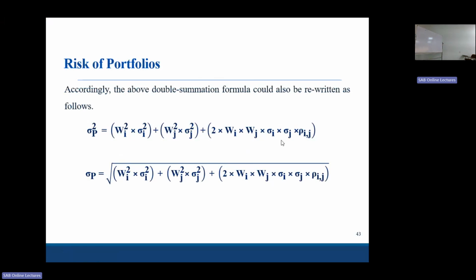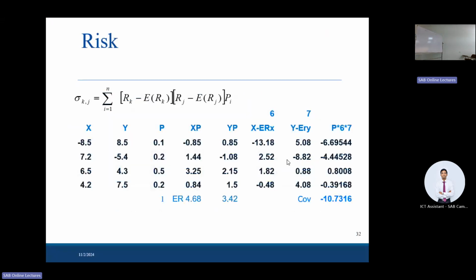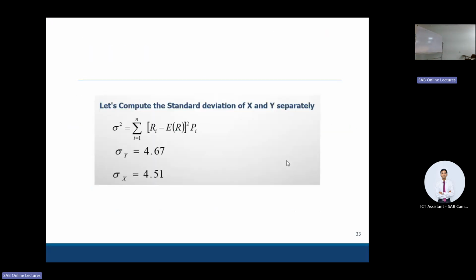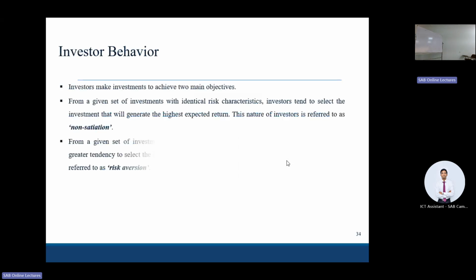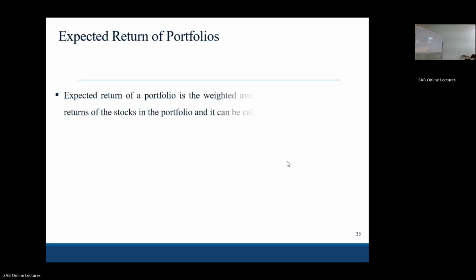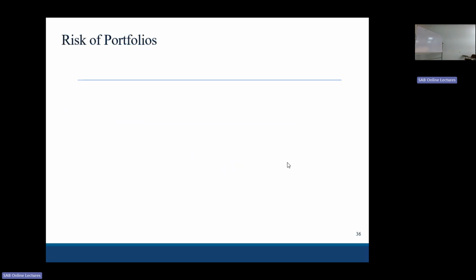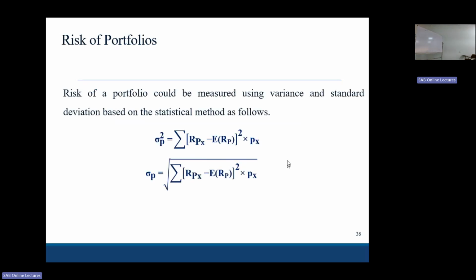I told you the reason: you can expand this formula as the number of assets in the portfolio increases. A statistical method is possible, but it is very difficult to apply to calculate the portfolio standard deviation or portfolio risk. Therefore, we use this double summation formula, not the statistical method.